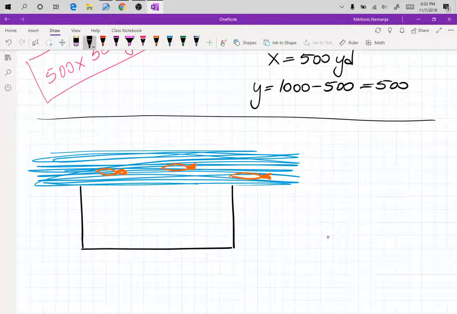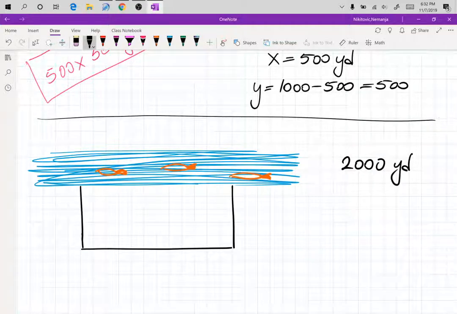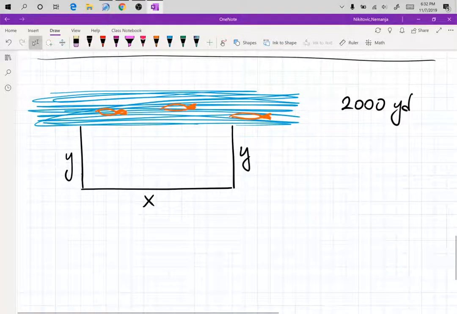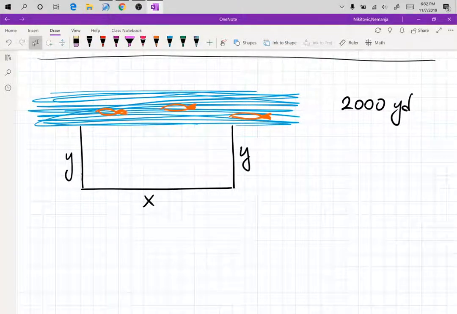So now, the farmer is going to run his 2,000 yards of fence in this configuration. He is not going to fence off the side towards the river, because when you put the animals in there, they're smarter than people. They're not going to go into the river. All right? So you don't need a fence on that side.